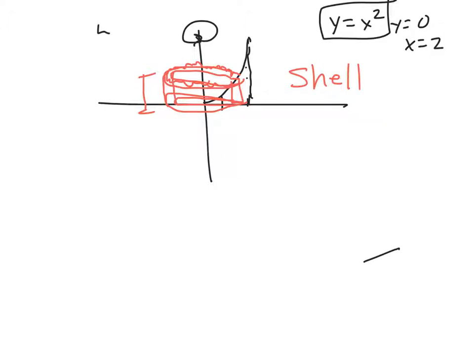A washer. No, it kind of looks like a washer now, but if I could take this figure and cut it right here with a pair of scissors and then unroll it and lay it flat, then it would make a big rectangular solid.